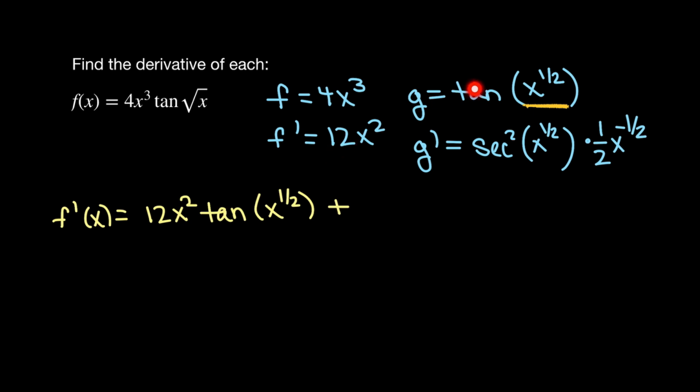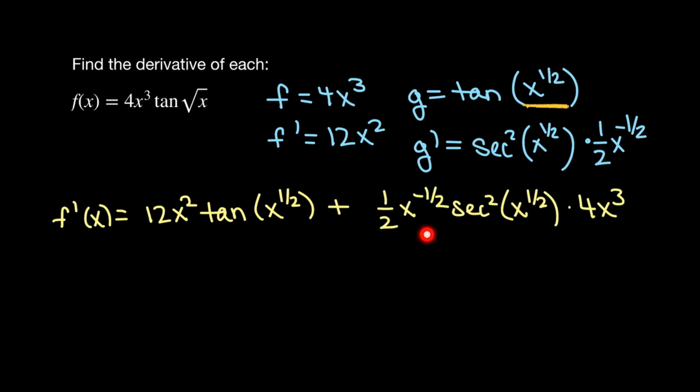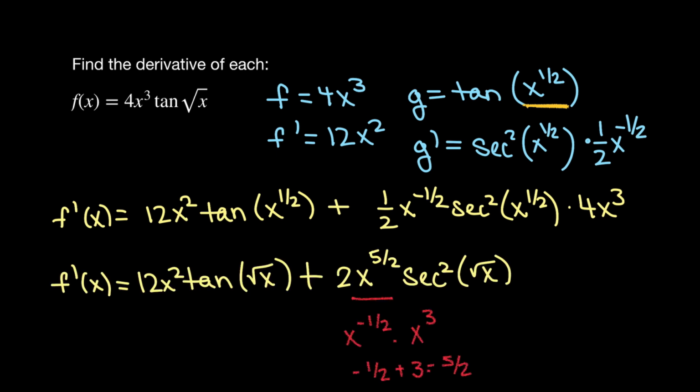So I have to take f prime times g, so 12x squared times tangent of x to the 1/2, plus g prime times f. I'll write that as 1/2 x to the negative 1/2, secant squared of x to the 1/2, and then times f, which is 4x to the third. We can clean this up a little bit.